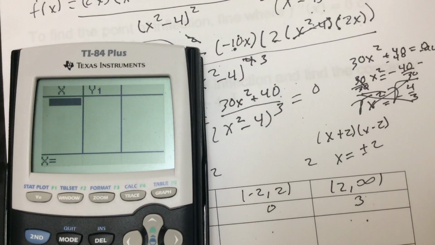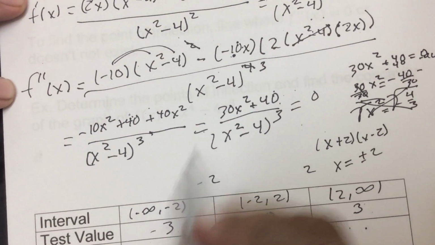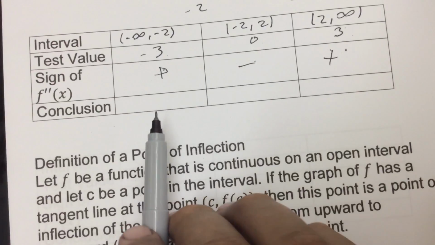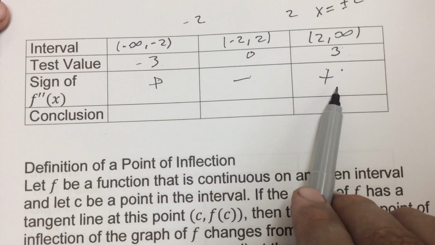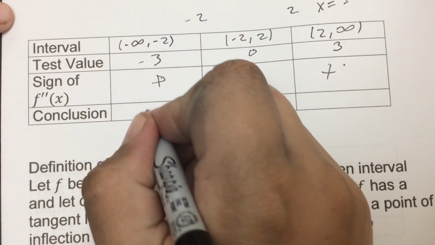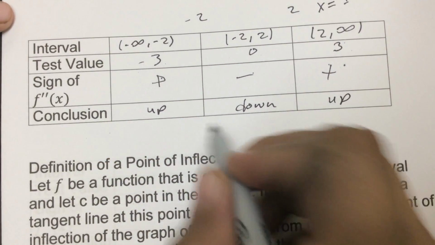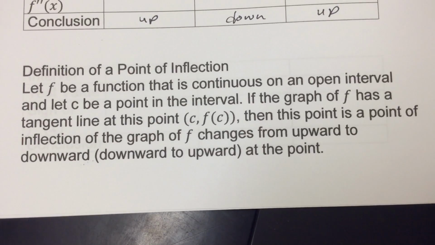And second graph to get to the table, negative 3, 0, and 3. So positive, negative, positive. Now, they won't always go positive, negative, positive, but they should alternate. So you may also see negative, positive, negative, but it should alternate there. So we would be up, down, up. So again, point of inflection, which is where it switches.